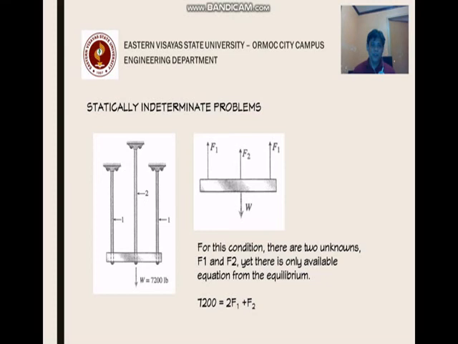So what you can see, we have unknowns F1 and F2, yet there is only one available equation that we can use, which is the summation of the forces along the y-axis. So by the law of algebra, you cannot solve a problem wherein you have a greater number of unknowns than the available equations. Okay, so this is an example of a statically indeterminate problem.